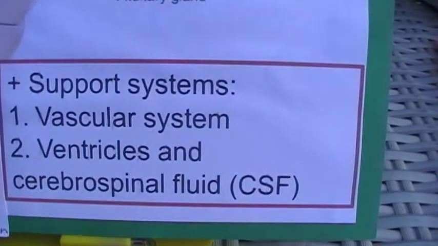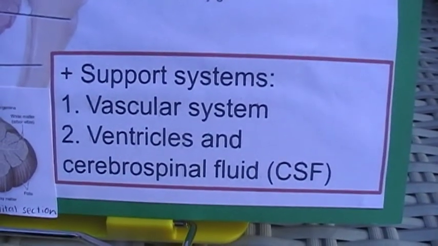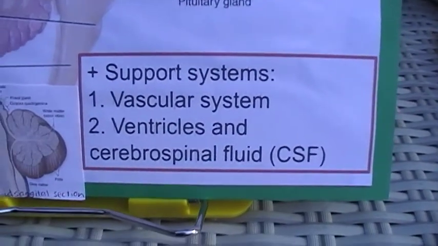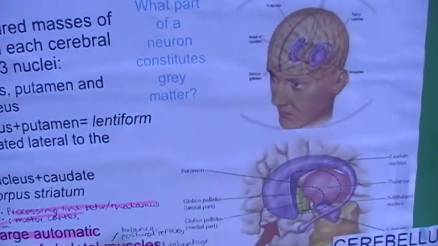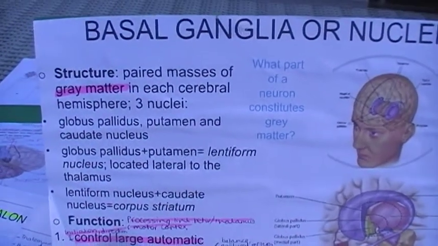The support systems for the brain are vascular, ventricles, and cerebral spinal fluid. The nuclei in the brain is called basal ganglia.